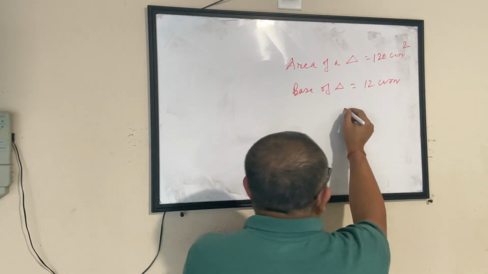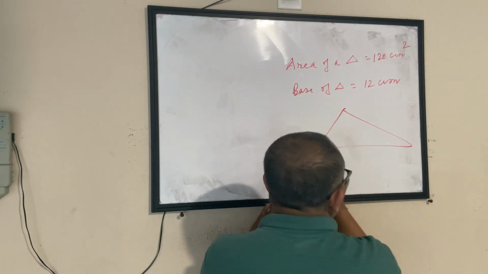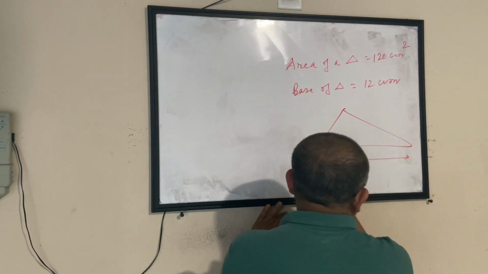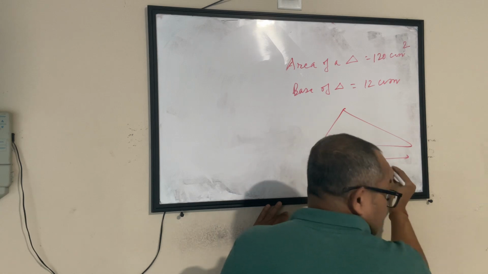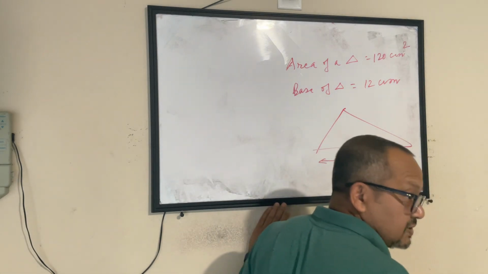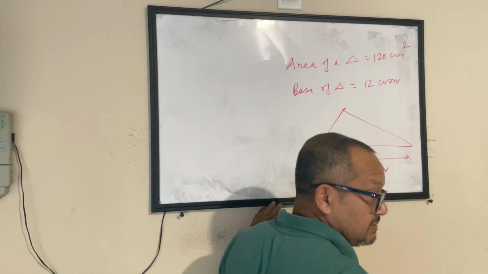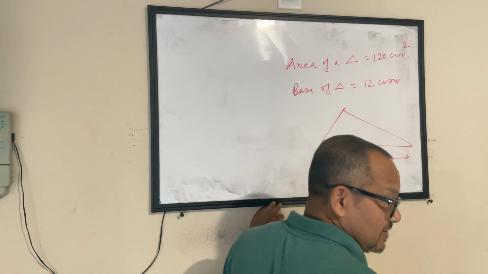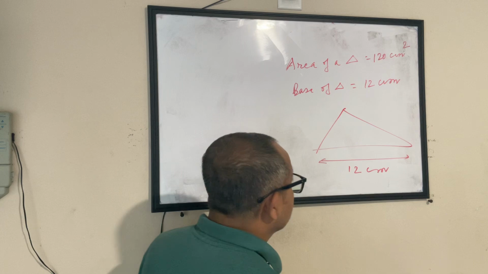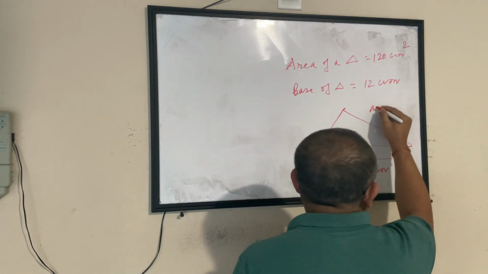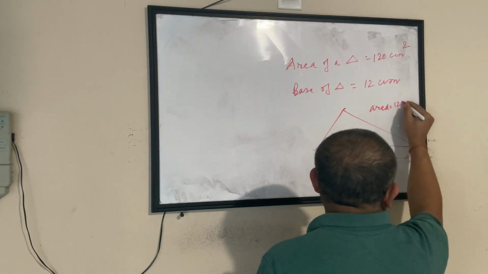So, I said this is a triangle. Base is 12 centimeters. Area is given as 120 centimeters square.